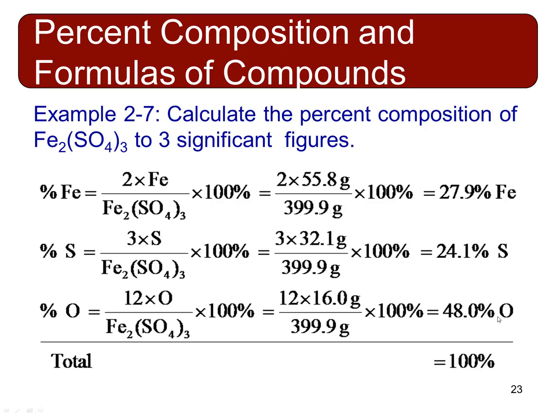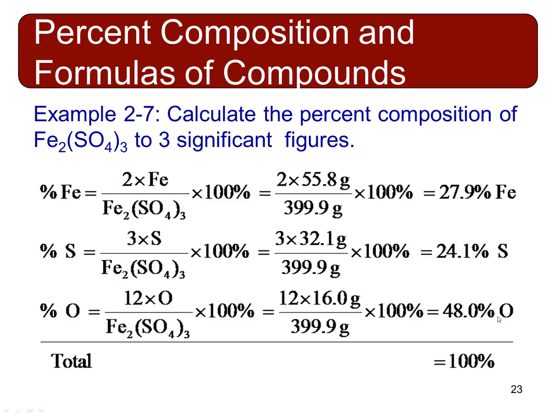Okay, we have 3 sulfur atoms, so it's understood we have 1 in parenthesis, but you have to multiply it times that 3 on the outside. So we have 3 times 32.1 divided by the total formula weight for the compound times 100. We get 24.1. For oxygen, we have 4 times 3 oxygens, so we have 12 oxygens.